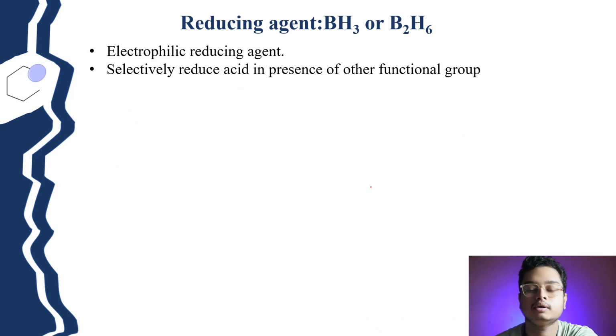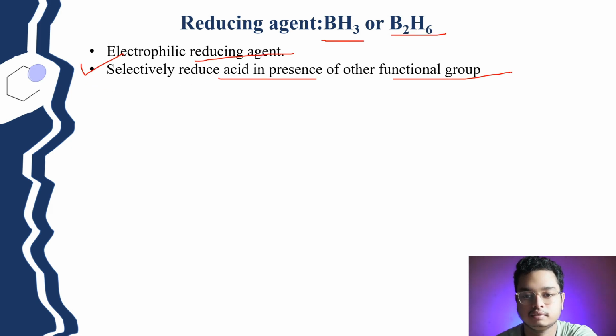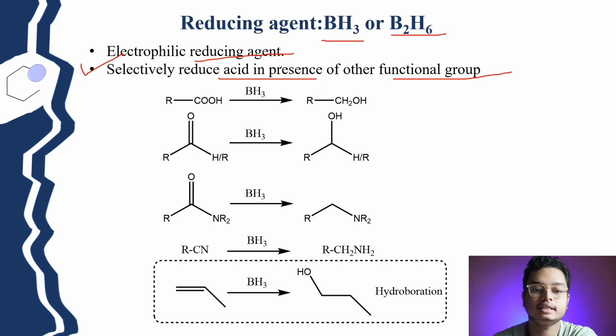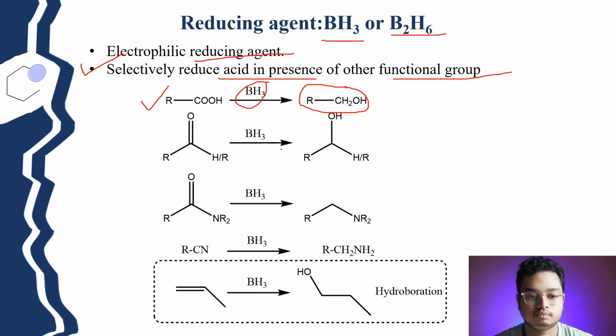Now let us talk about BH3 or B2H6. It is also an electrophilic reducing agent, and it selectively reduces the acid group in presence of other functional groups. BH3 not only reduces the acid, it will also reduce amides and cyanides. So here you can see this is the acid group, which in presence of BH3 will reduce to the corresponding alcohol.